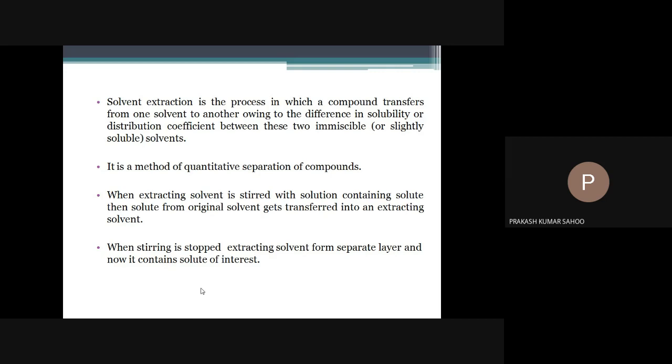So the two solvents are stirred well, that means mixed well, and they will be separated on the basis of their density, and the high density solvent will separate first. When stirring is stopped, the extracting solvent is taken from the separating layer, and now it contains the solute of interest.